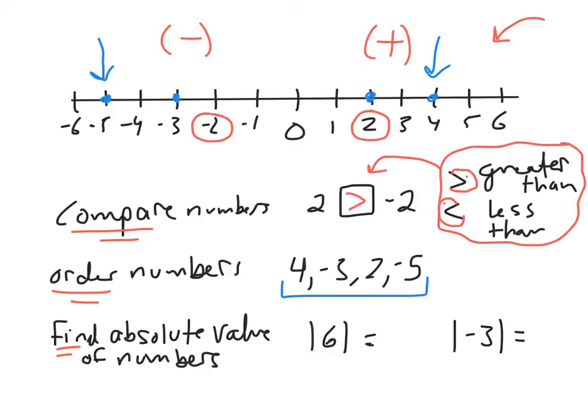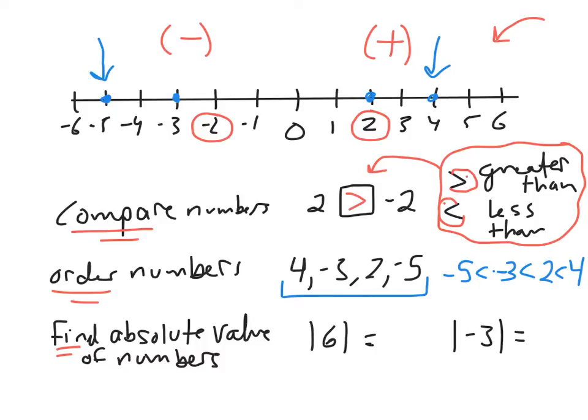And if I just look at my number line from left to right, I have them in order. -5 is less than -3, which is less than 2, which is less than 4. I could have just put them in order and listed them, but using the greater than or less than symbol helps me understand that -5 is less than 4, or -5 is less than 2. So a number line can be helpful in ordering numbers from least to greatest.